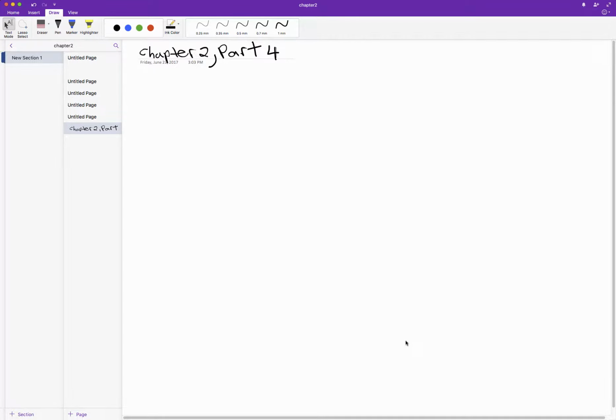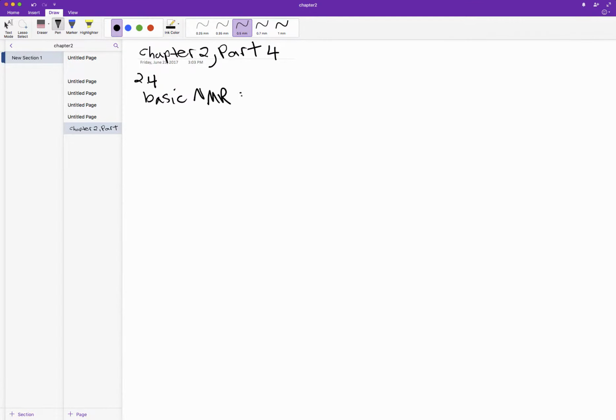So this is chapter 2, part 4. This part of the chapter, section 2.4 in the book, starts out with the basic NMR experiment.